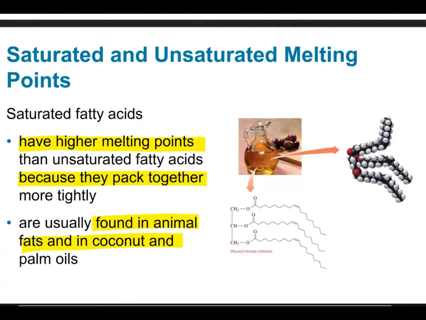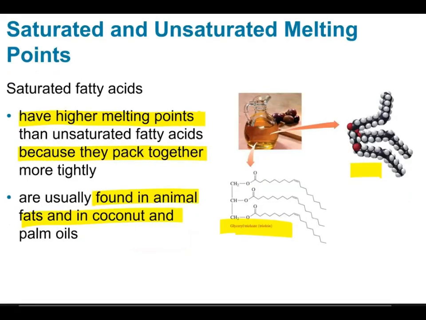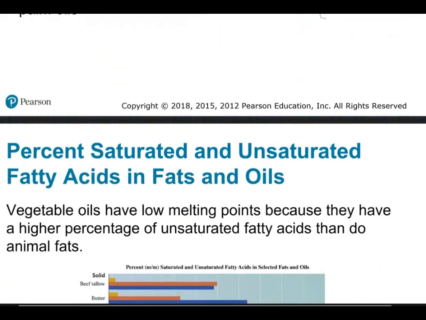Unsaturated fatty acids have that bend. Those bent tails make it harder for them to stack up, and therefore reduce the interaction between the molecules and lower the melting point, so they're liquid.